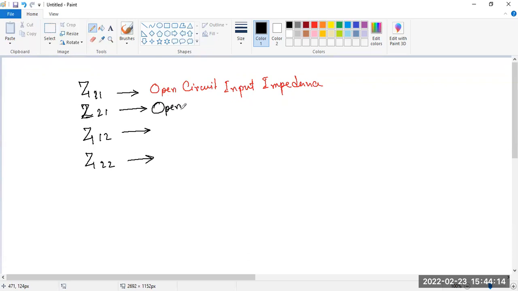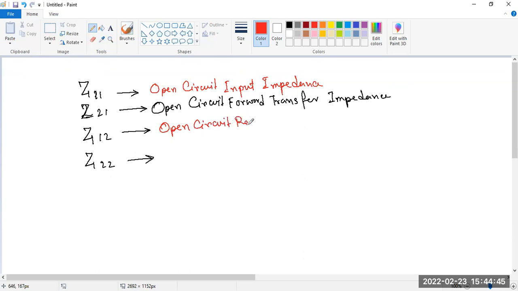That is Z12, that is called open circuit reverse transfer impedance. And that is Z22.